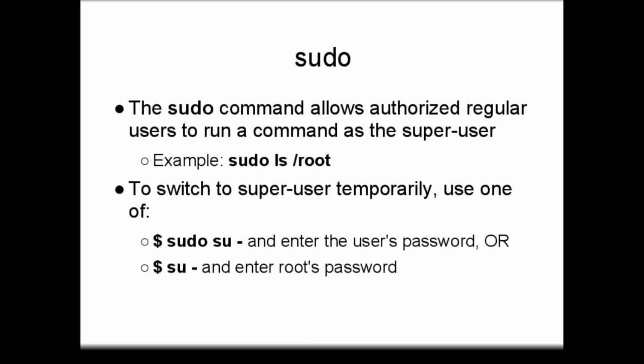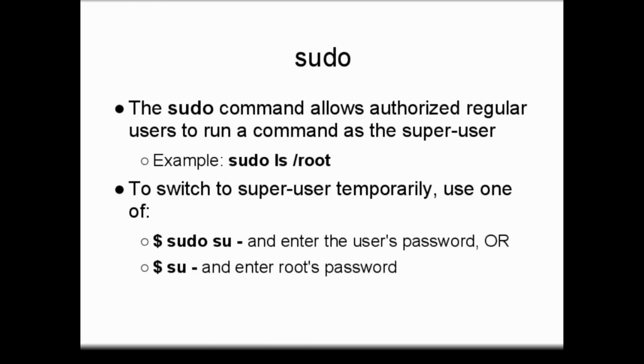On systems where the root user account has been disabled, or on systems where the administrator would like to disable the root account, the sudo command allows authorized regular users to run a command as the super user. So for example, we could find the listing of root's home directory by typing sudo ls /root.